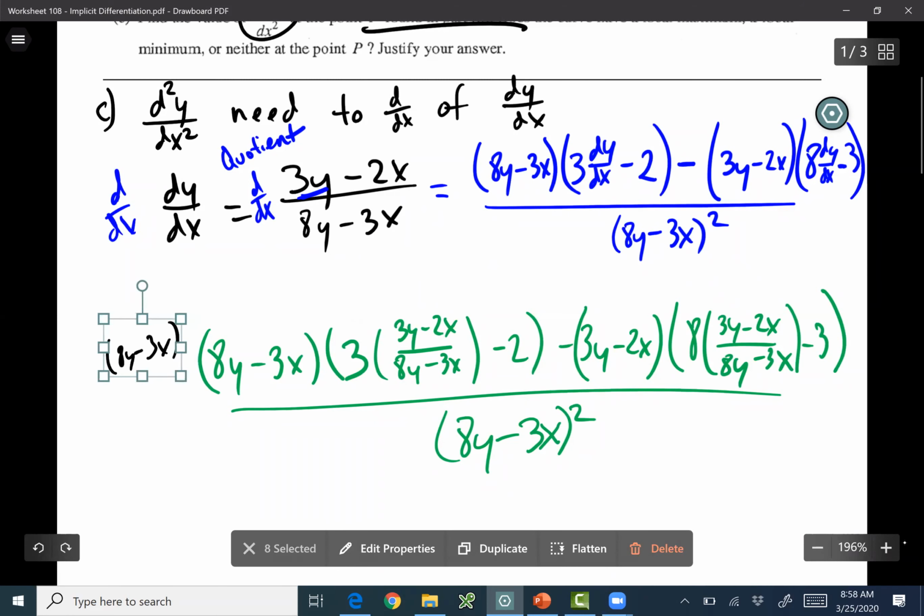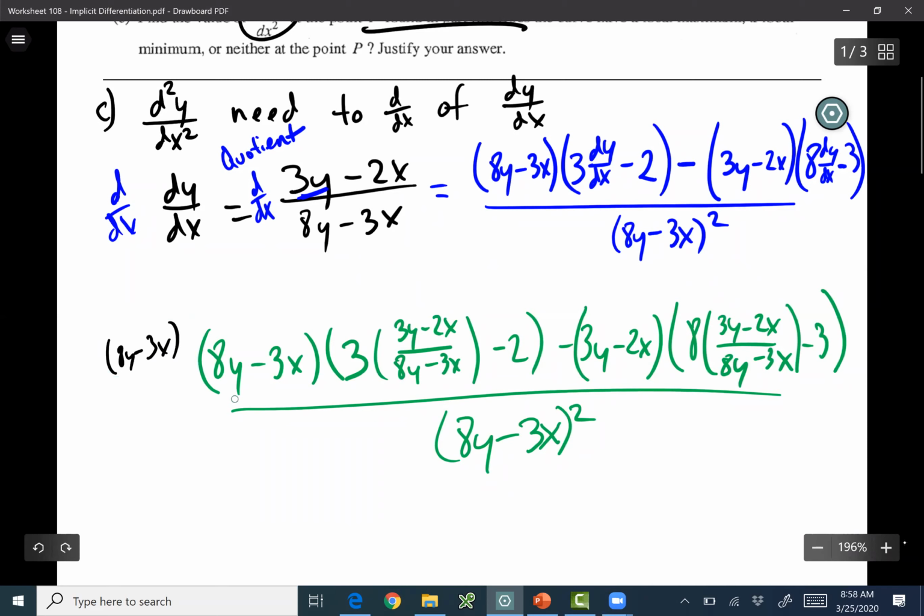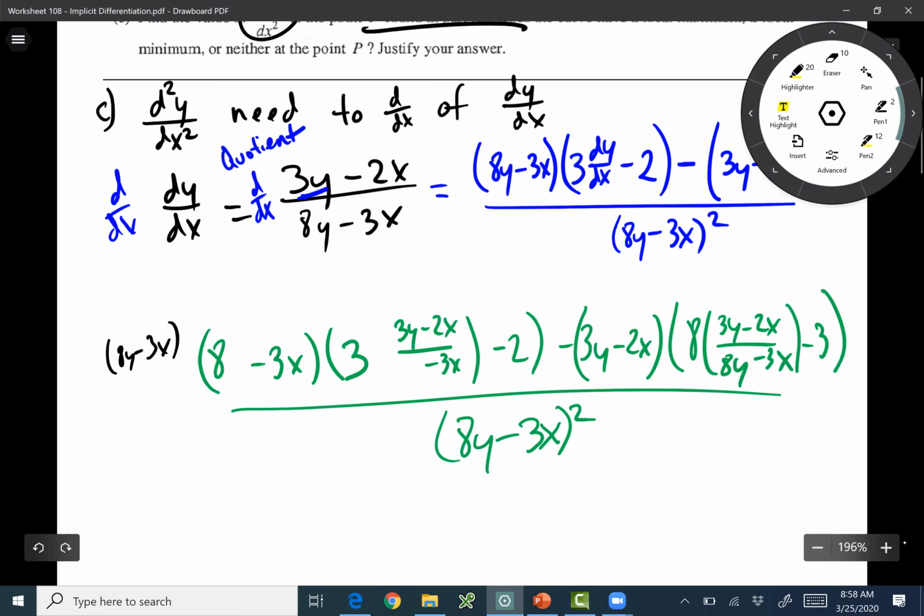So this 8y minus 3x is multiplying to this whole first term, this whole second term, and the bottom. So it's times 8y minus 3x, times 8y minus 3x, and times 8y minus 3x.